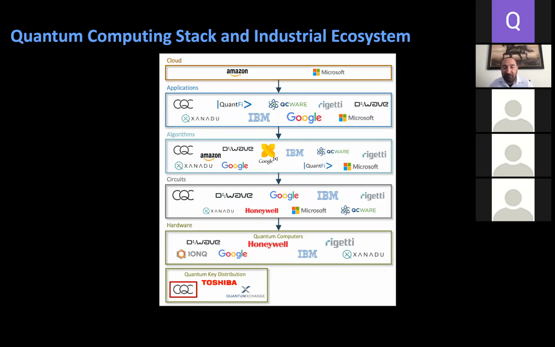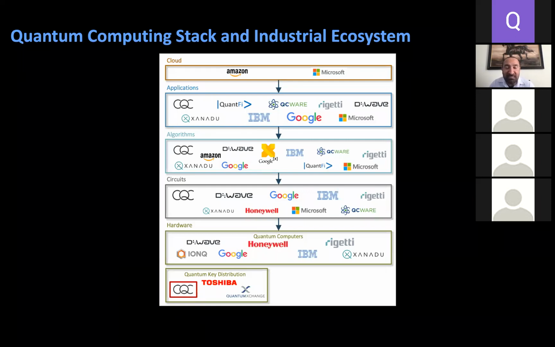Then we have applications, algorithms, circuits. I didn't put JPMorgan Chase, the company I work for, because the work we're doing is not shared, it's not public, even though we are committing it to Qiskit and writing papers. But for example, we're working at the level of algorithms, applications, and circuits as well.